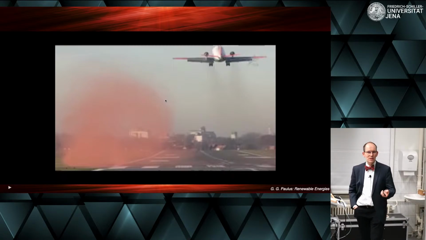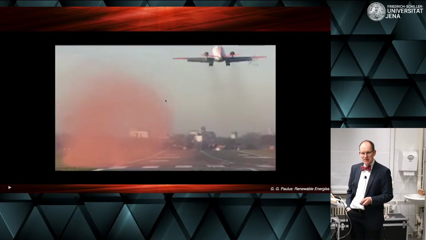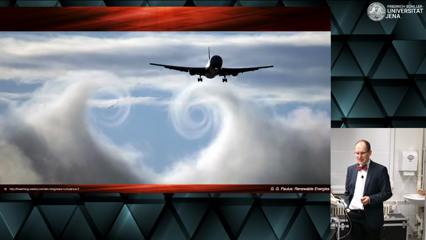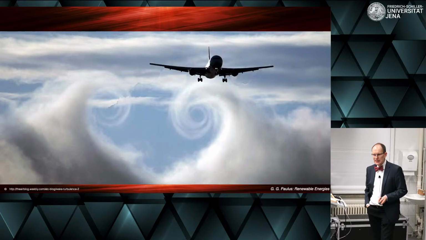And of course, pilots see this perhaps more often. And so here's a picture. I guess this was taken by another pilot or from ground. I'm not sure. Right? Now the question is, what can we do against that?